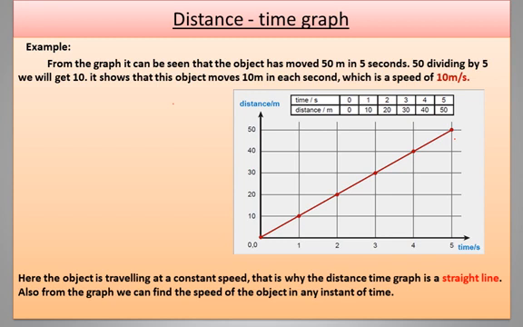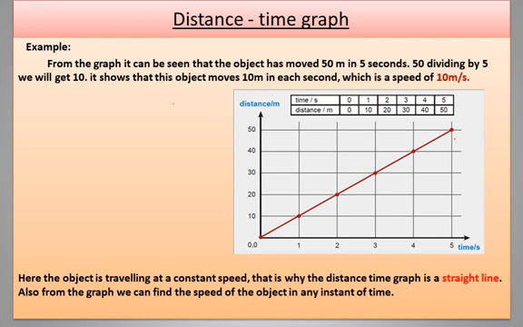Also, from the graph we can find the distance moved by the object at any instant of time. Here you can see at half a minute it will travel 5 meters, like that. Any instant means any time.